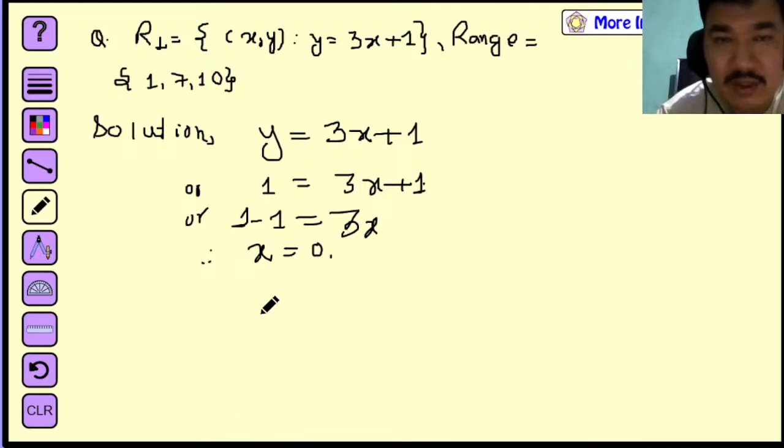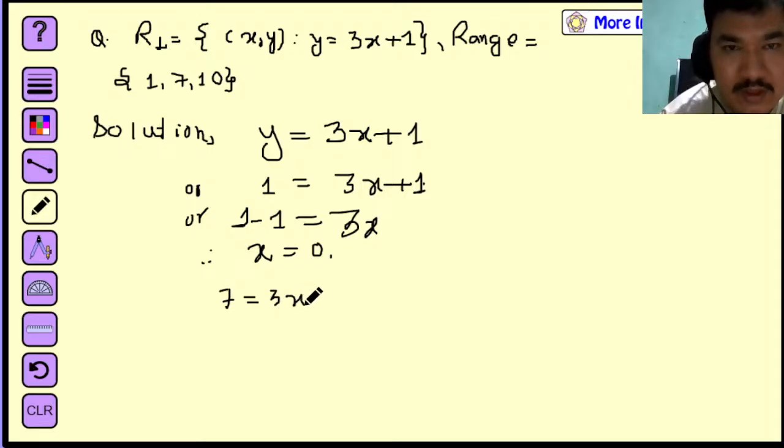Look here, x became 0, and similarly we can do the next one also. Next, second, if you put 7 in place of y, then 3x plus 1 is the same.